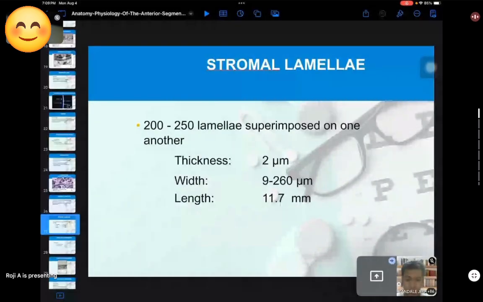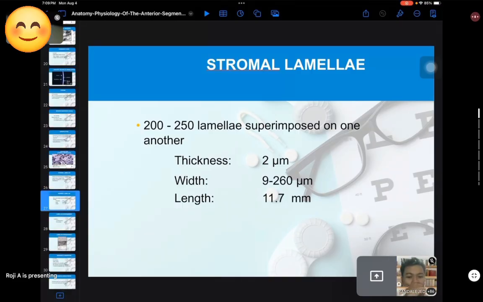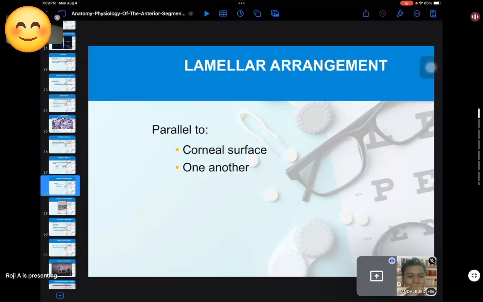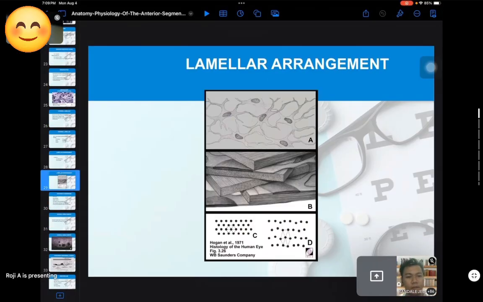Now, the stromal lamellae, which is about 200 to 250 lamellae superimposed, meaning to say they're one on top of each other, with a thickness of 2 microns, with 9 to 260 microns with length of 11.7. So the lamellar arrangement is parallel to the corneal surface and to one another, as you can see here.